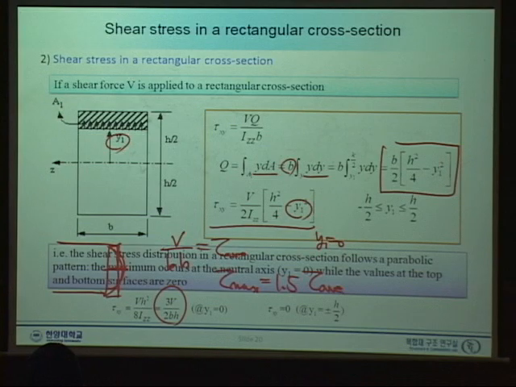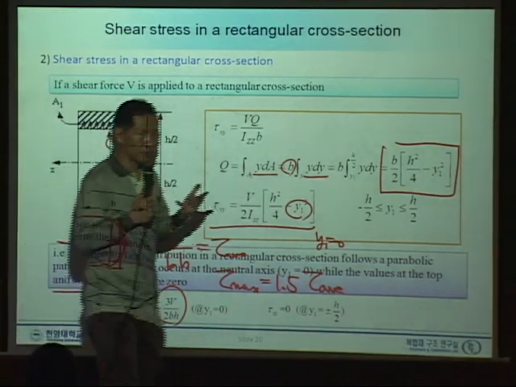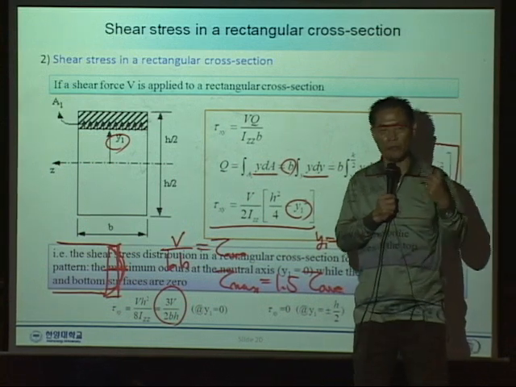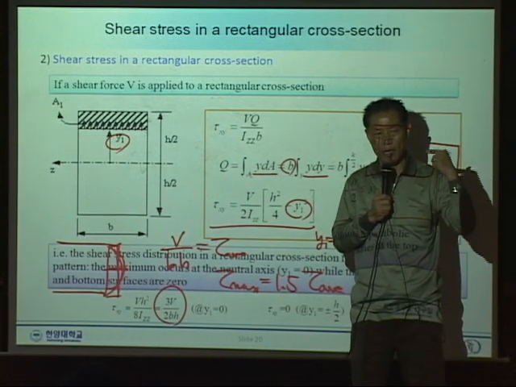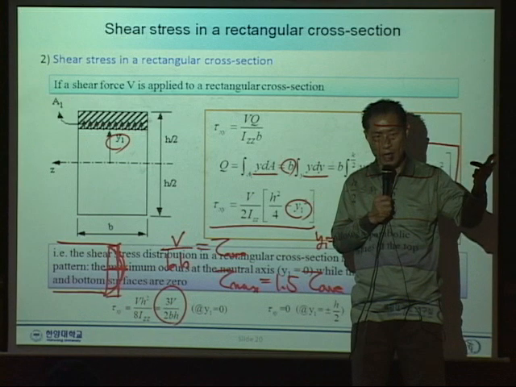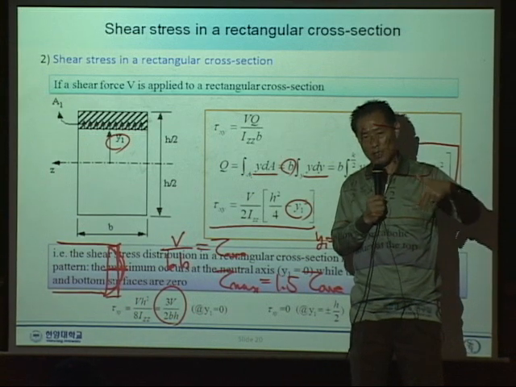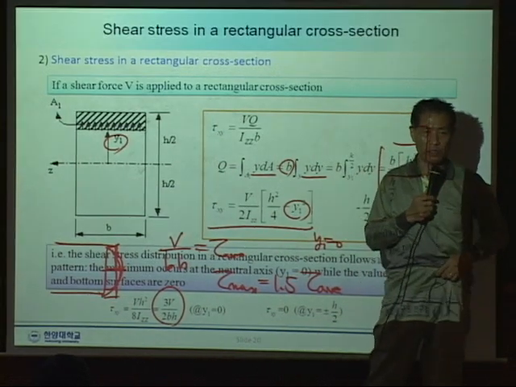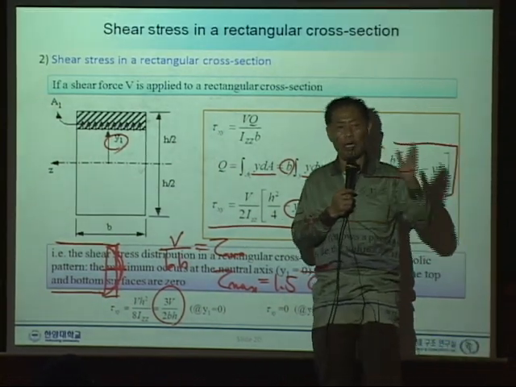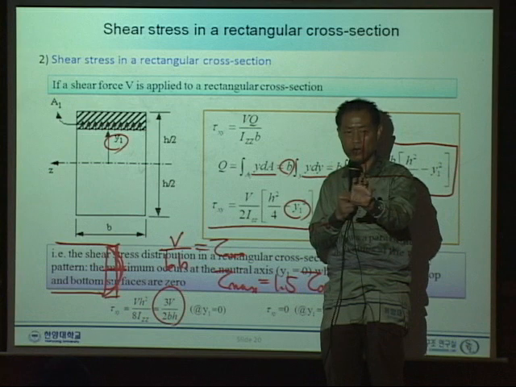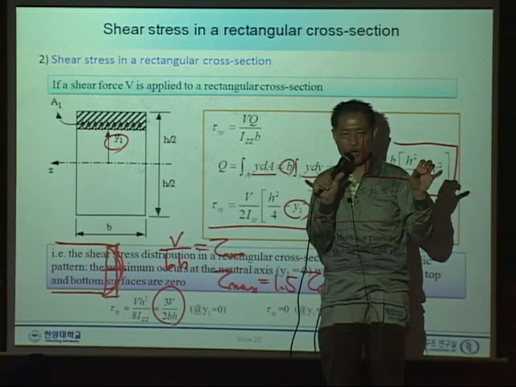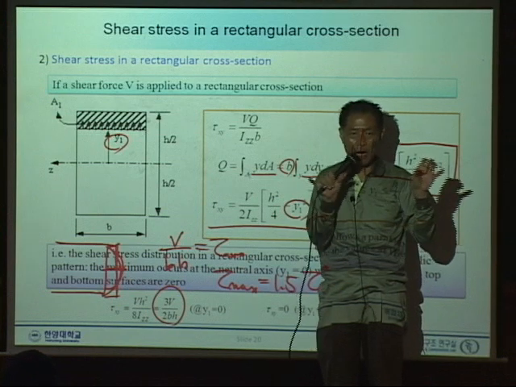Now, we derived two fundamental equations. One is the bending stress, sigma x, and second is the shear stress when we have the shear force. Shear force is causing moment increment, and that moment increment will generate the x-directional force unbalance.